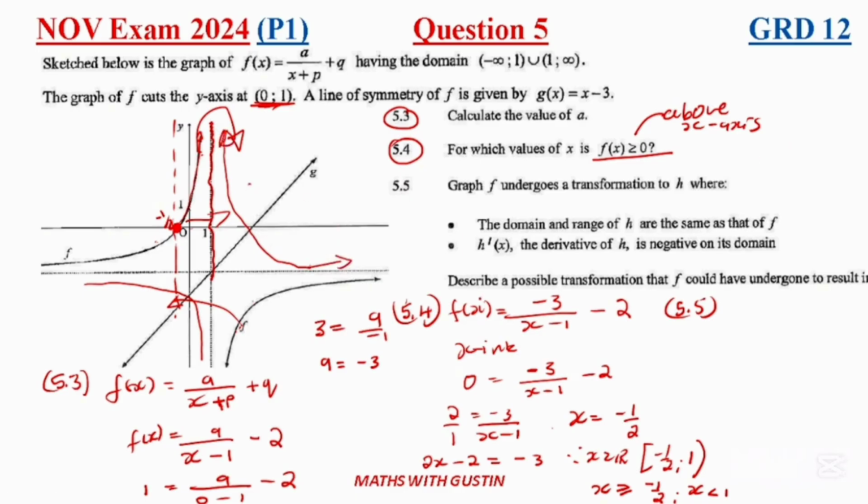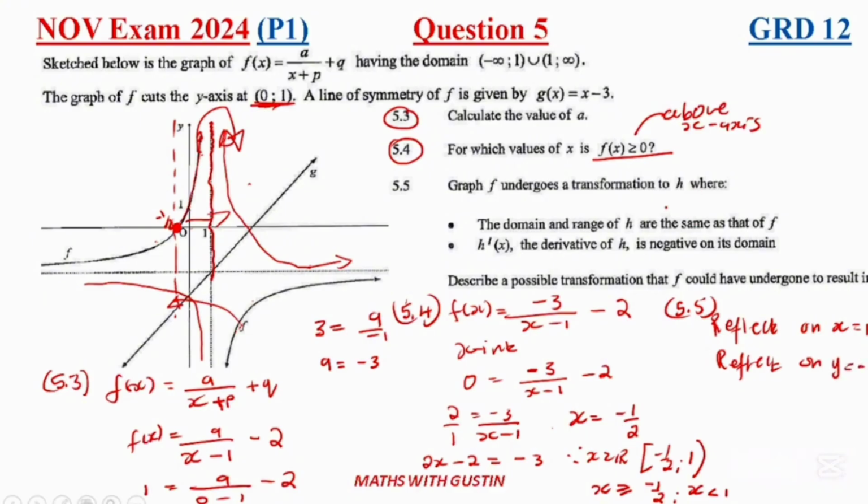So what does this mean? It means basically they just reflected all these graphs, this hyperbola, across the lines of asymptotes. So we can just say this was a reflection on x equals 1, and then also a reflection on y equals -2, because everything else remains the same.